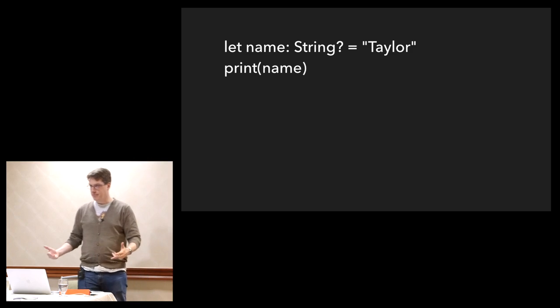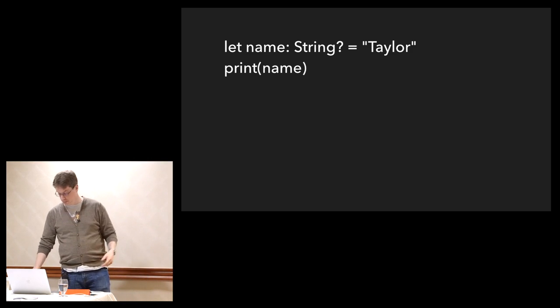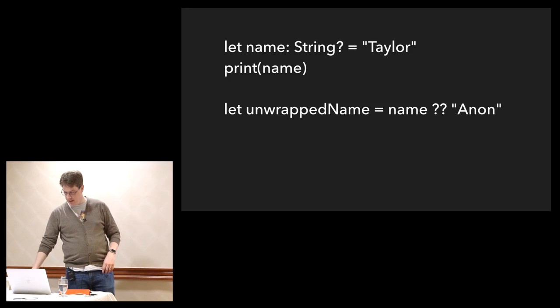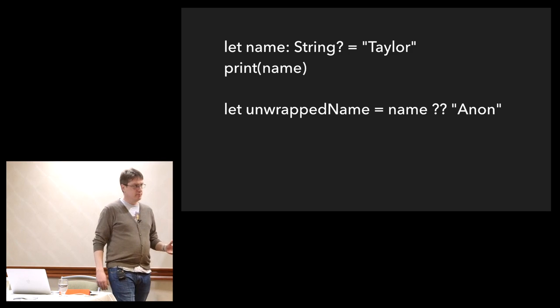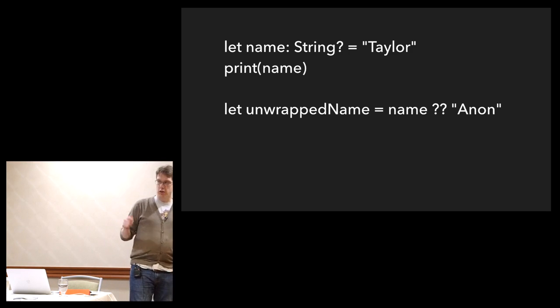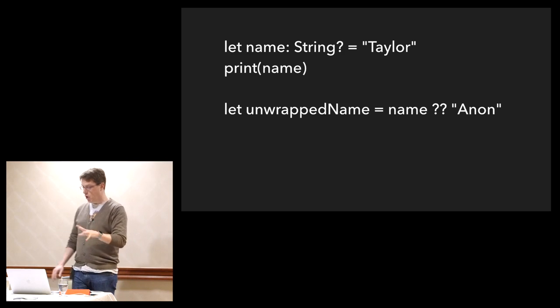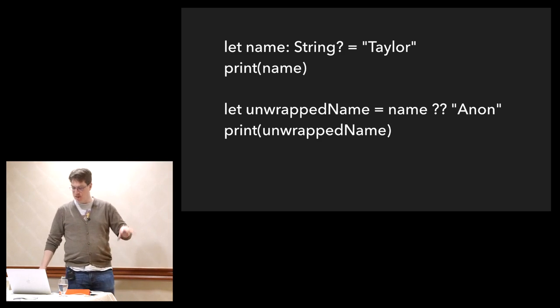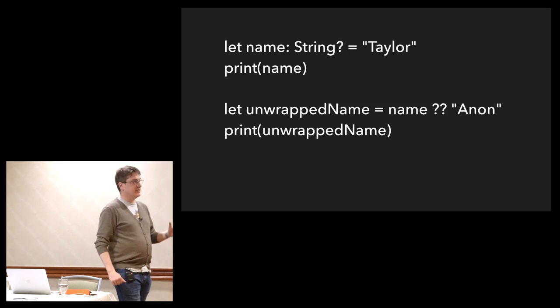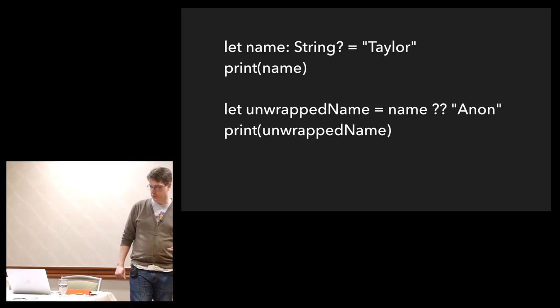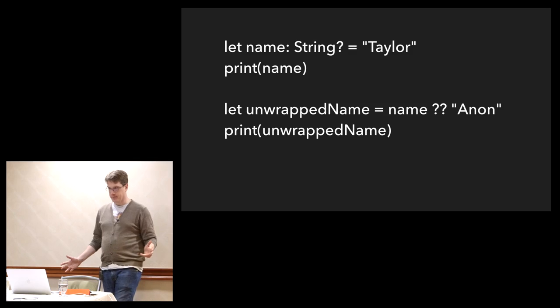Now that's going to print out optional Taylor, because it's optional, which no one wants. If you'd written instead, let unwrapped name equal name, question mark question mark, that's the nil coalescing operator, followed by anon, and print unwrapped name, it will print Taylor, not optional Taylor, which is way better.